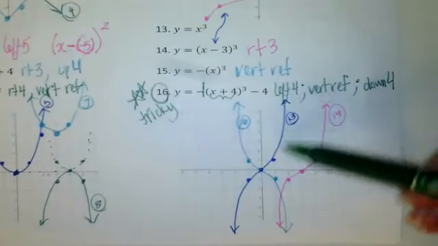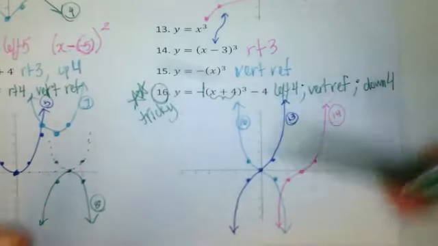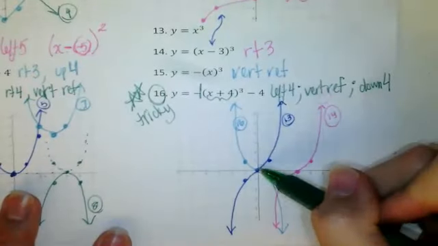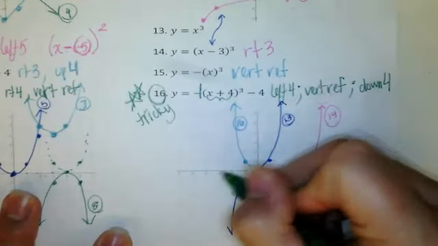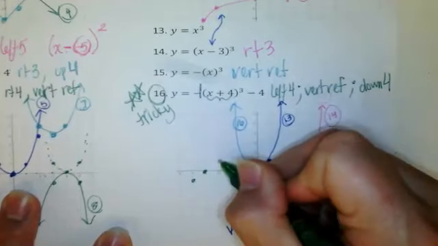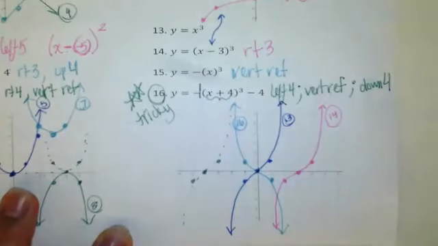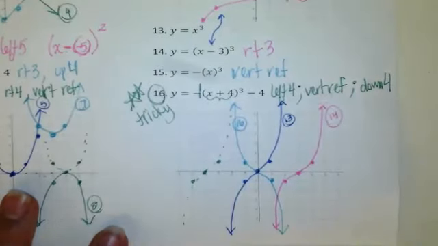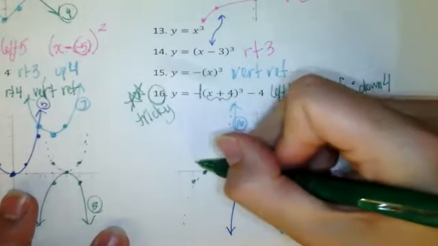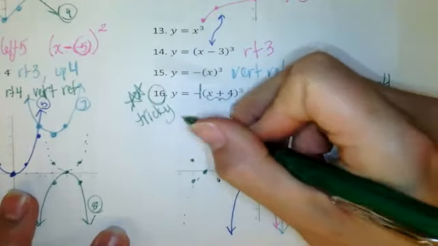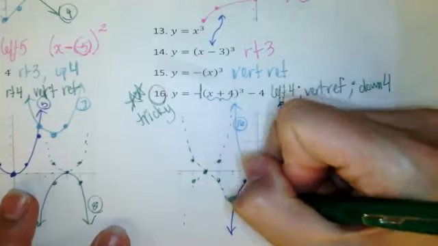All of that happens from our base function. So we're going to shift to the left 4. So I'm going to take my dots and go 1, 2, 3, 4 to the left and make those little marks there. So this would be that first transformation. And then what happens? It got a vertical flip. So it flips around and now it looks like this.